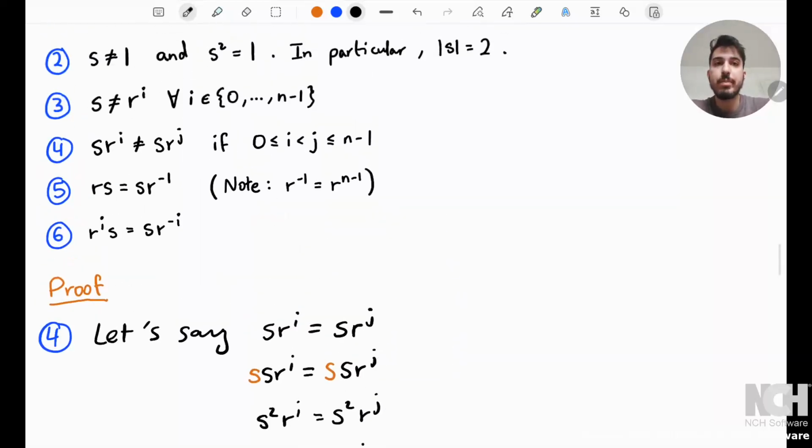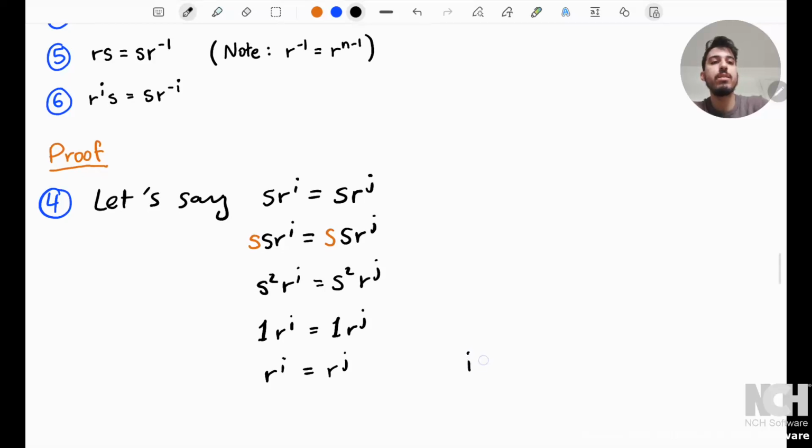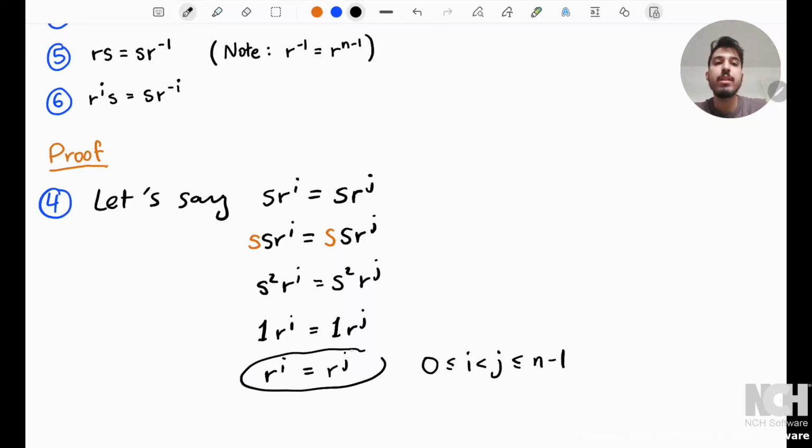So notice by hypothesis that we have that i and j are not equal, i is less than j, and both of them are between 0 and n minus 1. So this statement here is impossible, because we cannot have a rotation that is equal if the i and j are not equal.